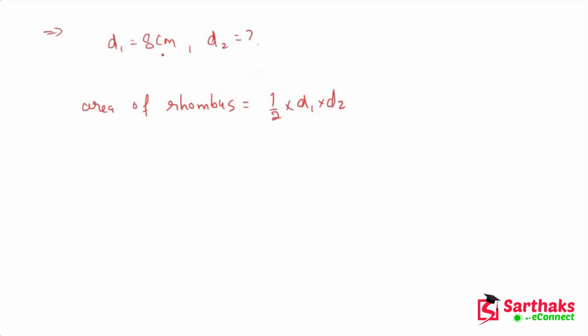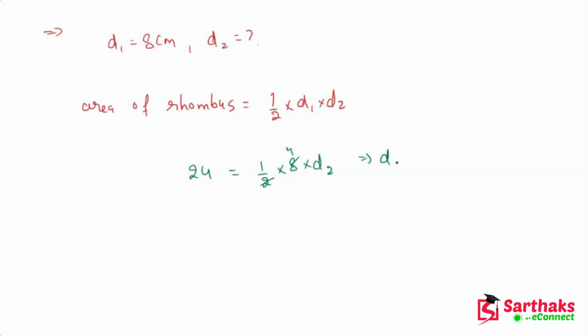For finding the other diagonal, we have d1 is 8 centimeter and we have to find d2. How can we find it? We know that the area of a rhombus is half into d1 into d2, and the area of the rhombus is 24. So 24 is equal to half into 8 into d2. 4 can be divided by 2 in 4 times.